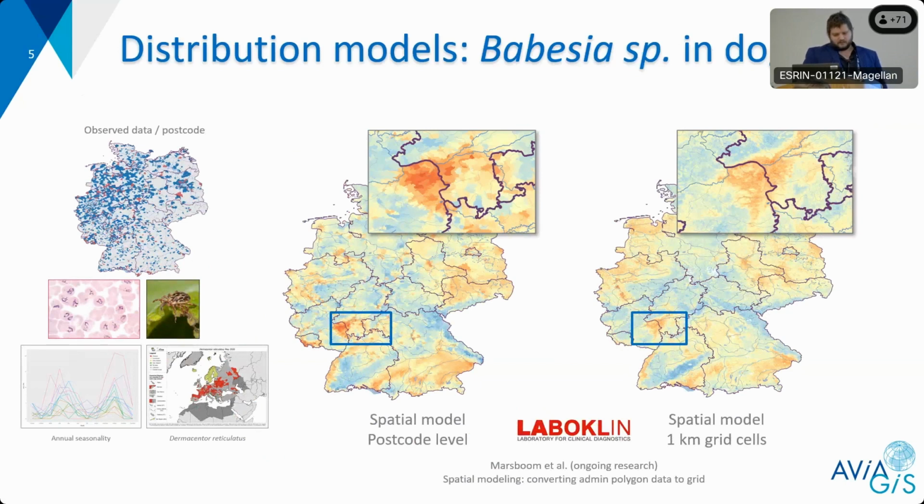Another aspect is that disease data often does not match the Earth observation. Disease data, especially if you talk about humans, but I give an example here for tick disease in dogs, is often aggregated to a certain admin level, while Earth observation always comes in grids.